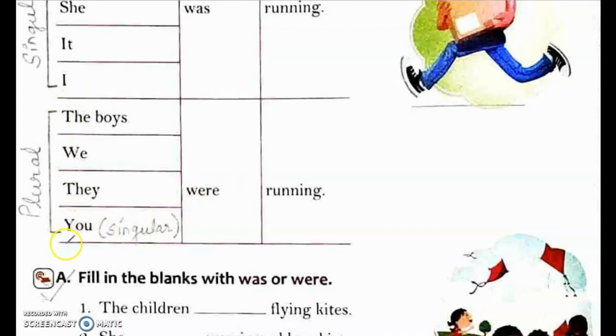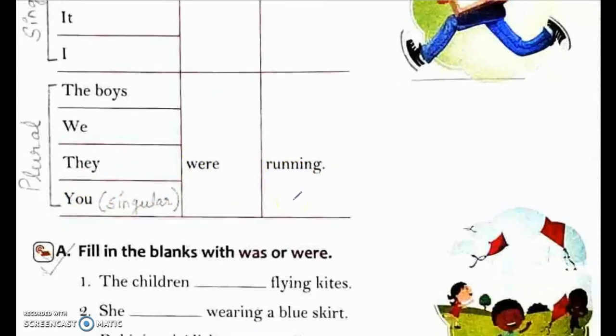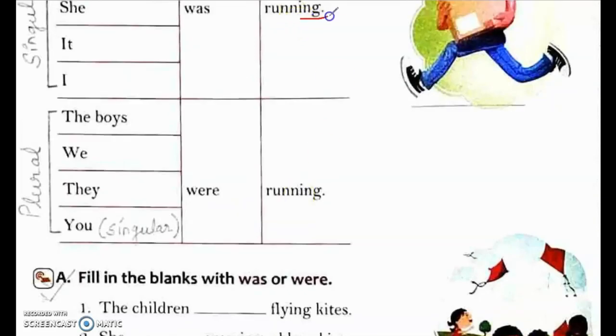So with all the plural nouns or pronouns, which past form of being verb will we use? Were. So the boys were running. We were running. They were running. You were running. Alright? And you can see ing, ing. So we have added ing to the base form of the verb.